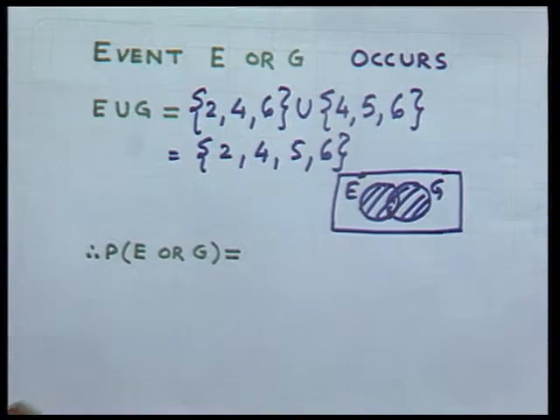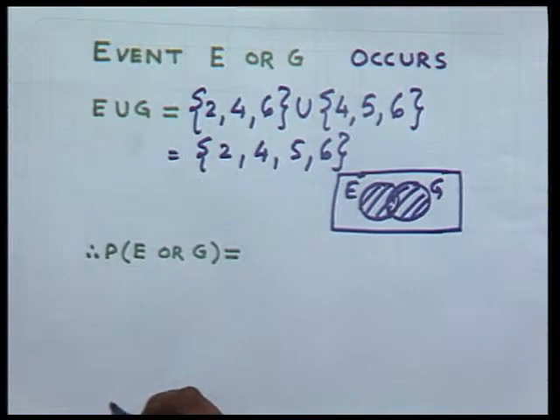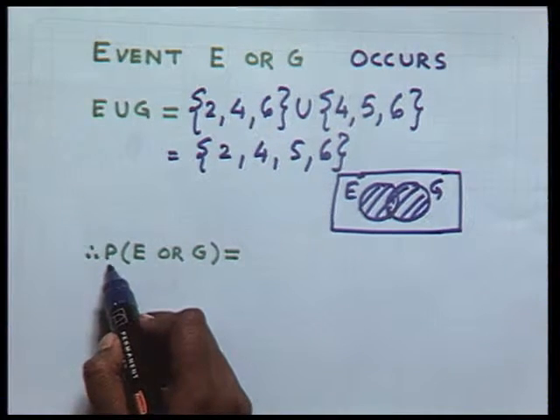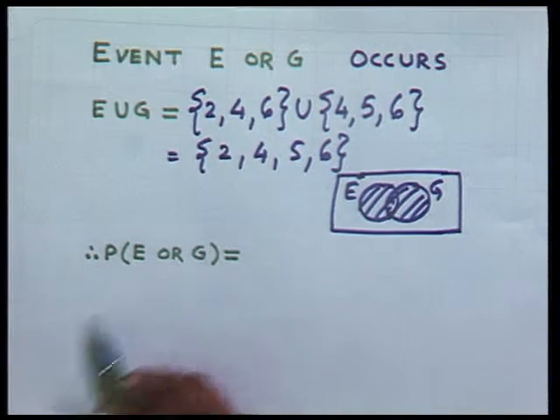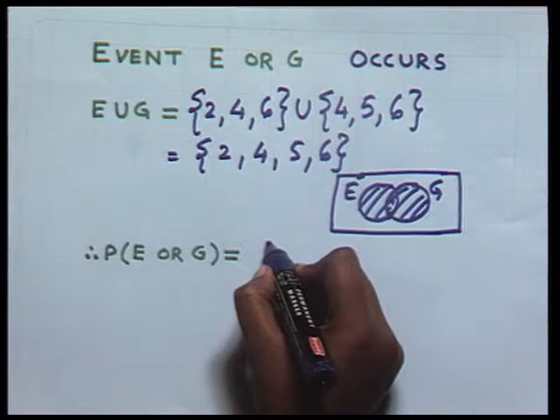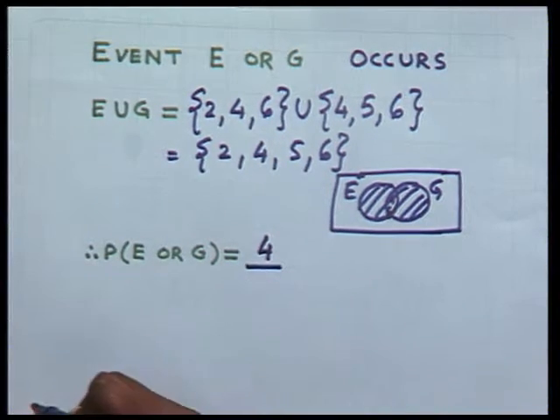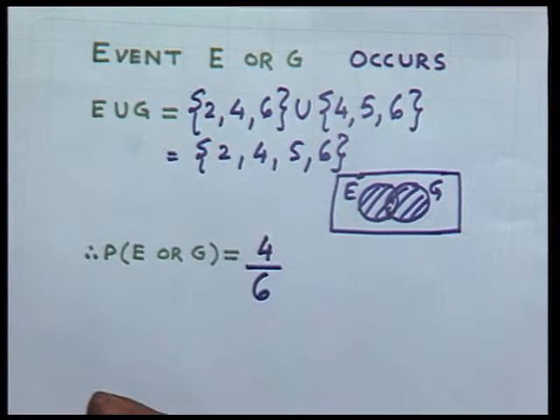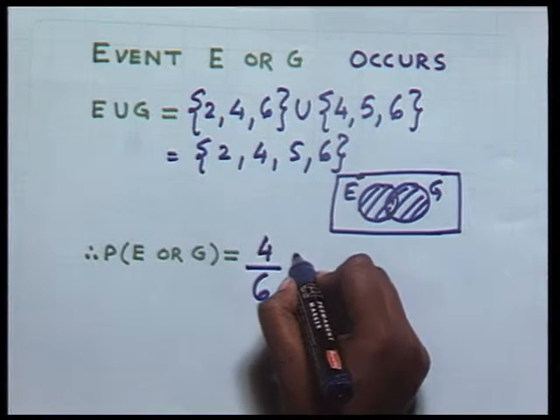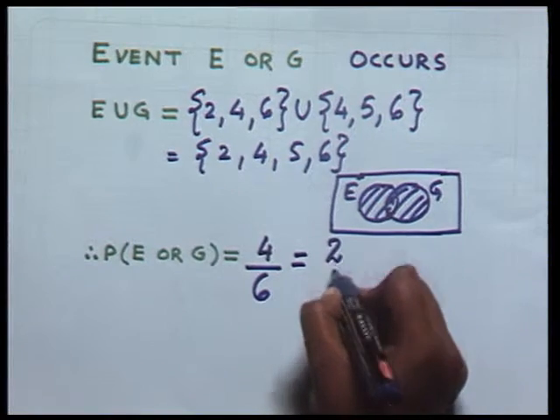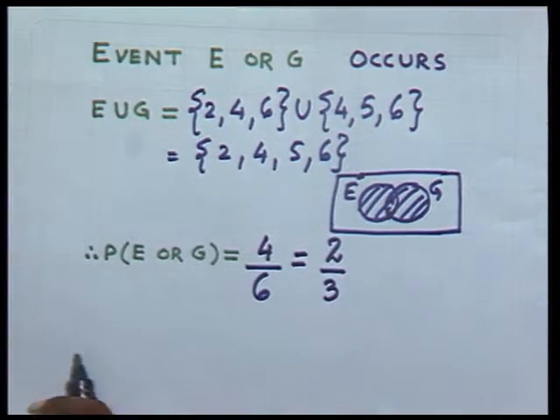The union is given by the 2 sets here, and therefore, probability of the event E or G is given by the number of favorable outcomes for this event, which are 4 upon the total number of equally likely outcomes in the sample space, which is 6. So, it is again equal to 2 by 3.